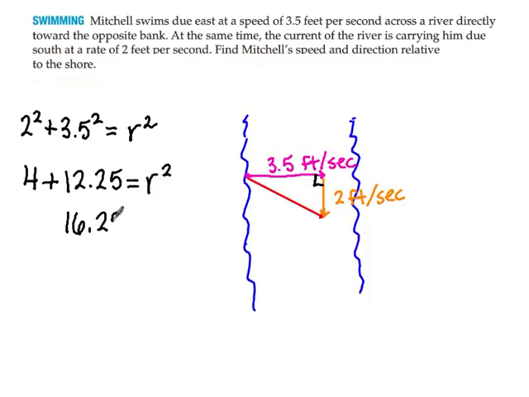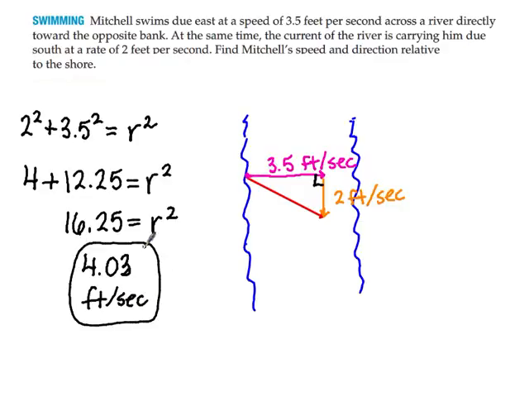So to find the resultant, what are you going to do? Square root of that. What's the square root of 16.25? 4.029. So 4.03 feet per second. So that's his resultant speed.